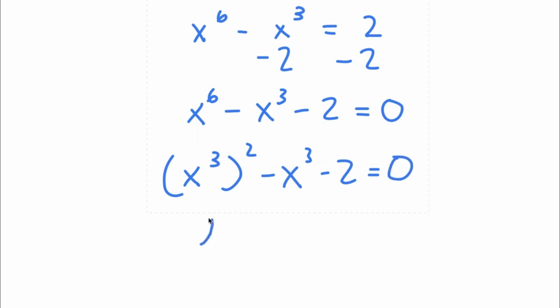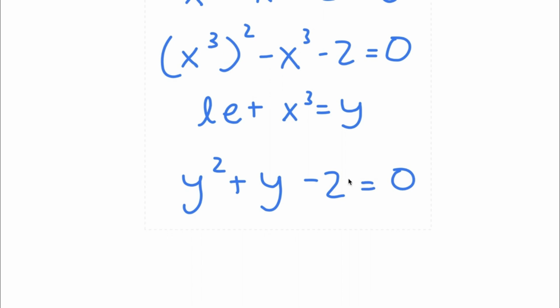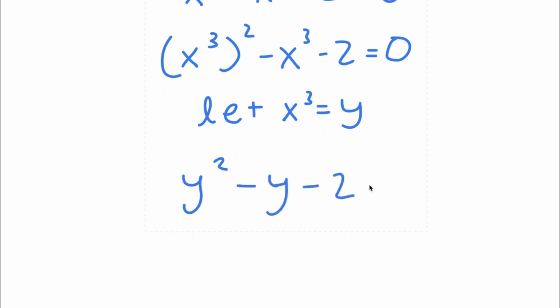Now, if I let x to the power of 3 equal to the variable y, I'm going to have y to the power of 2 minus y minus 2 is equal to 0.